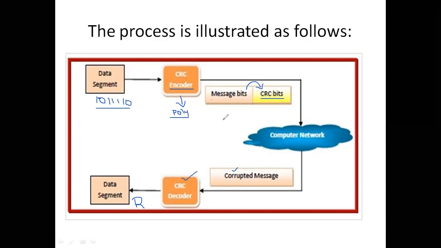Here also, the complete message is divided by this polynomial divisor in the decoder. At this time, if the remainder is all zeros, then the data will be accepted.